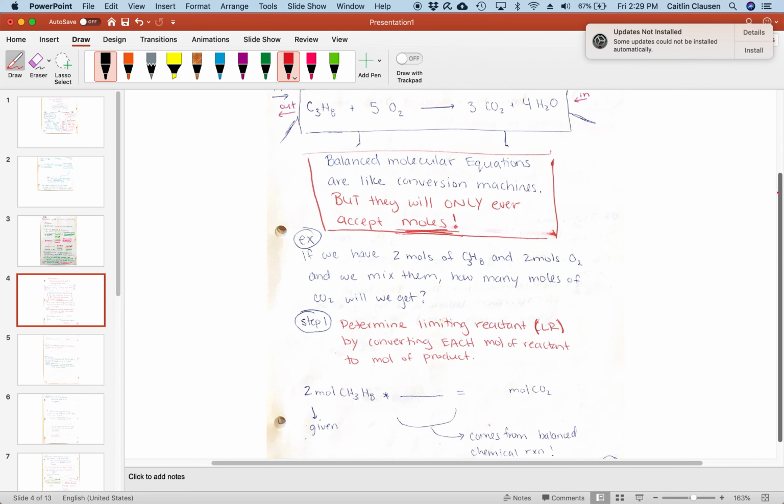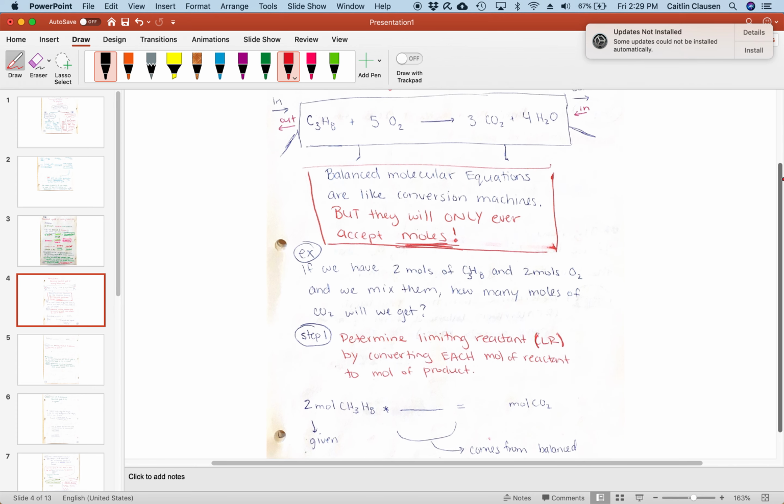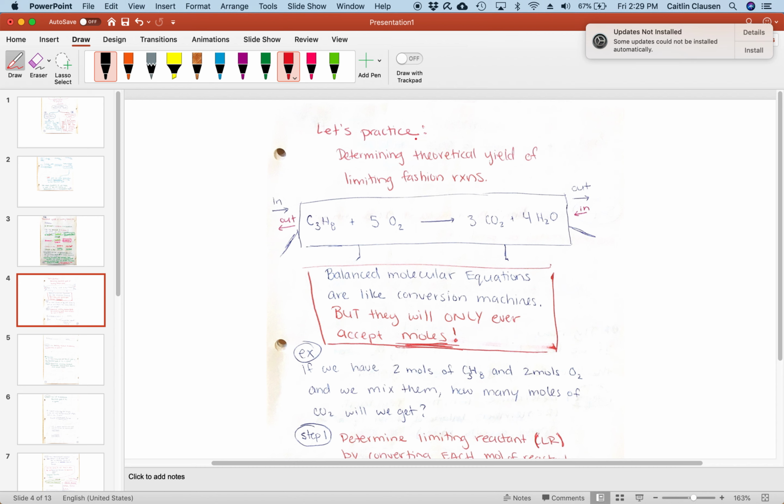Alright, so now we know that in some reactions there are limiting reactants, and we need to figure out what those are. So let's practice determining theoretical yield with limiting reactant reactions. And remember, consider your balanced molecular equation as a conversion machine that only accepts moles. It'll accept moles in either direction, but it's got to be moles.